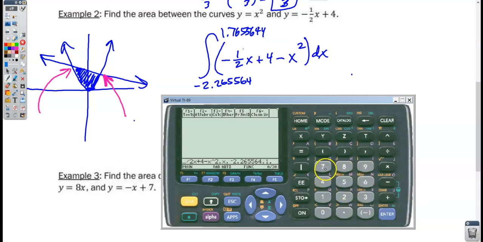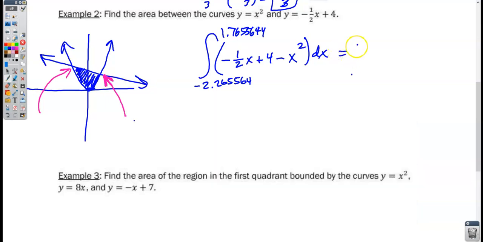And so I go ahead and type my integral in. And I get 10.918. 10.917 is also acceptable as an answer.